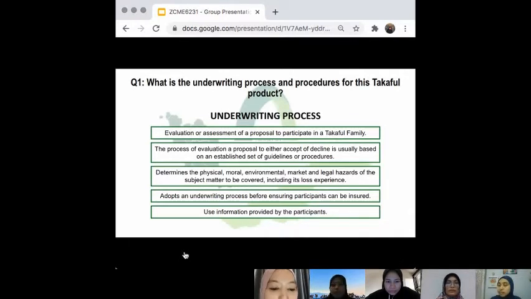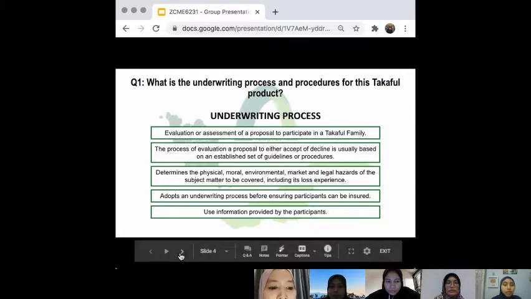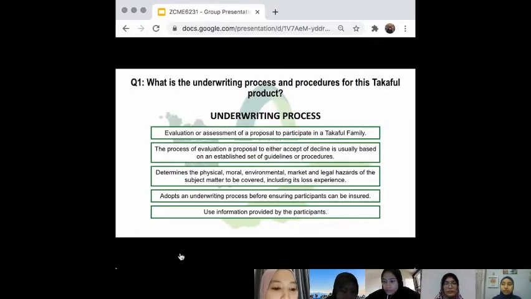Other than that, as practiced by Takaful IKHLAS Family BERHAD, an Islamic insurance which offers an underwriting platform so that contributors to its Takaful fund can delegate responsibilities and mutually cooperate in safeguarding one another from any circumstances.